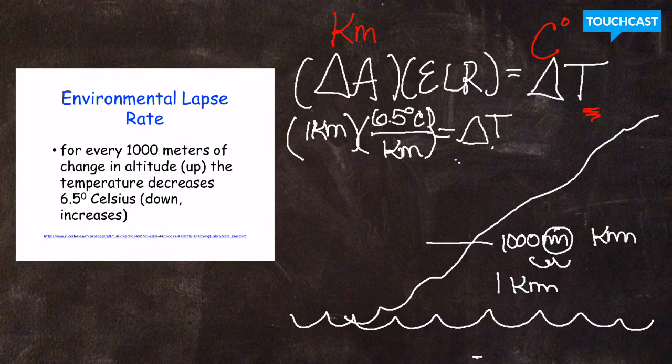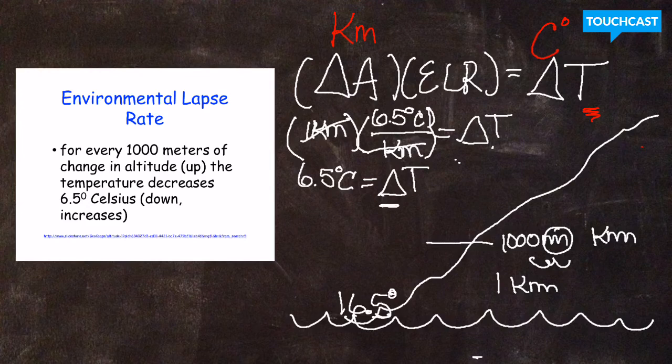So let's say when I started my hike, it was 16.5 degrees. So I'll do my equation. I get rid of kilometers. So then I get 6.5 degrees Celsius equals the change in temperature.